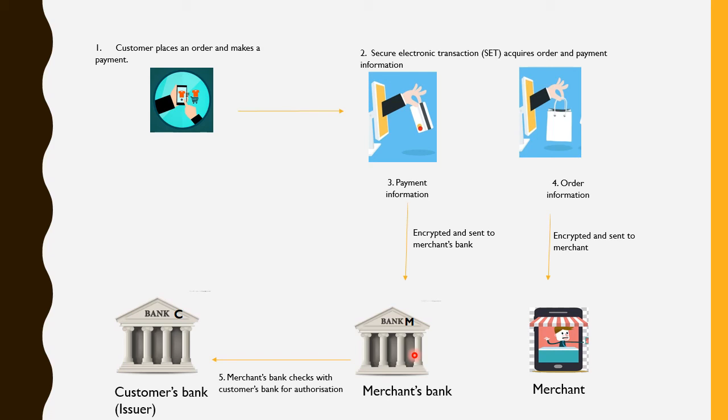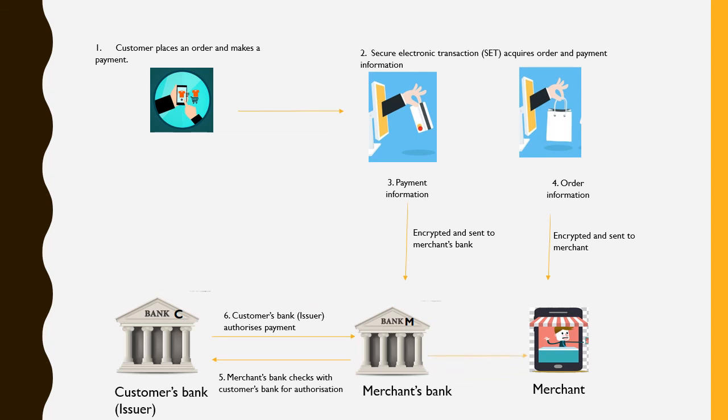If the balance limit is equal to or higher than the amount that is required to complete the transaction, the customer's bank will send an acceptance to the merchant's bank saying that the payment will be authorized by us and we will be making the payment.